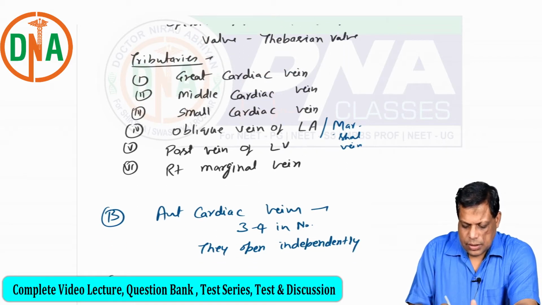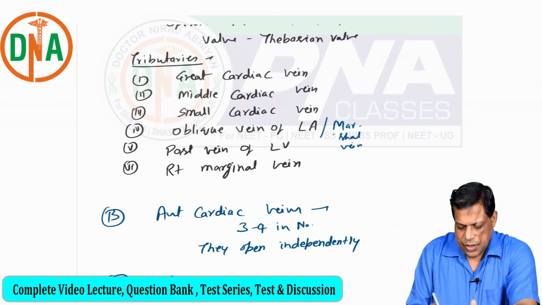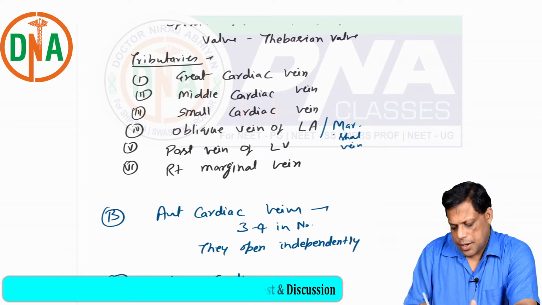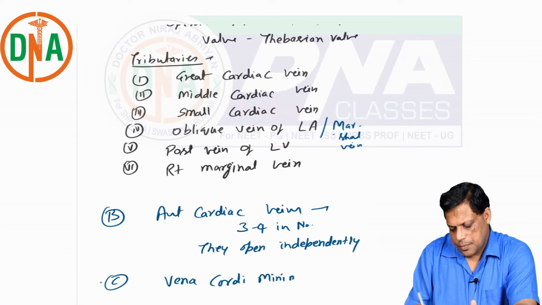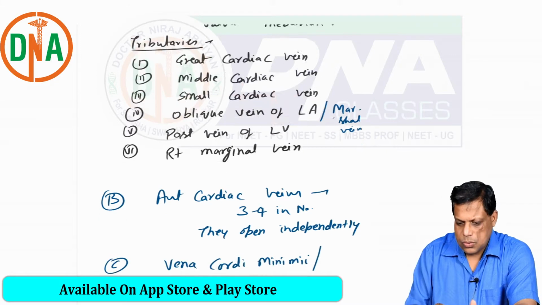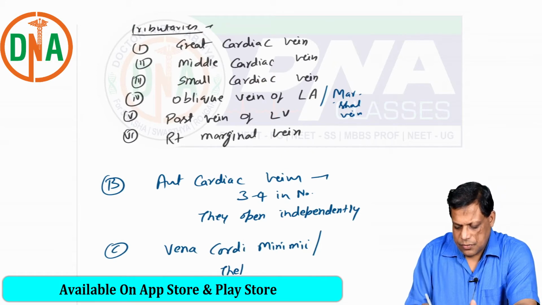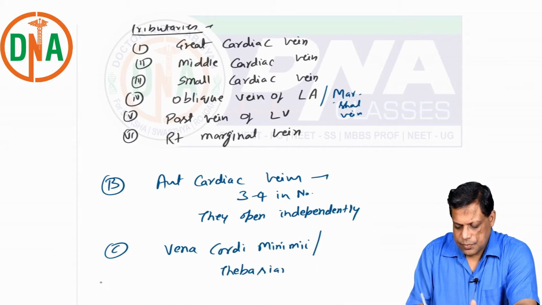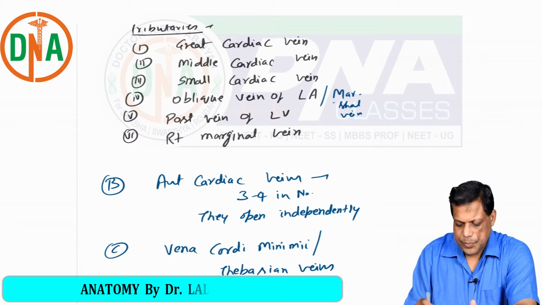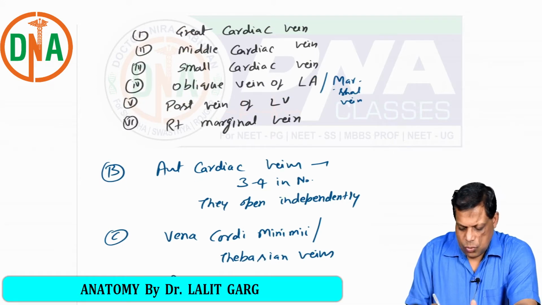Now the third group of veins is the venae cordis minimae, also known as the Thebesian veins. These are minute veins.